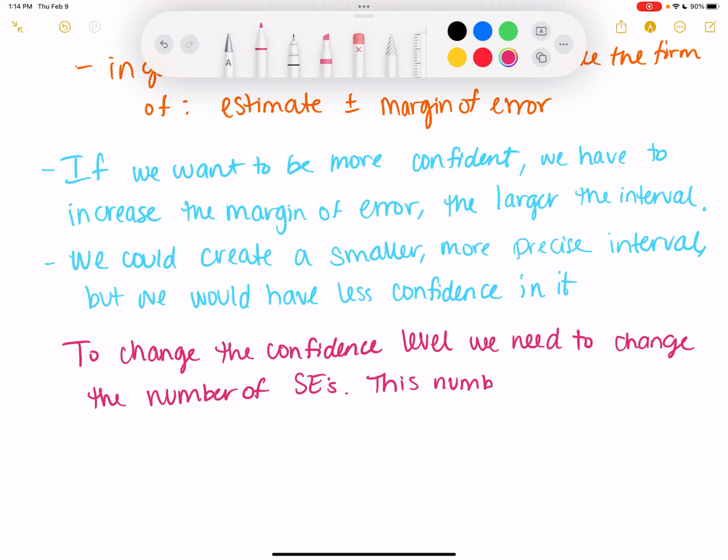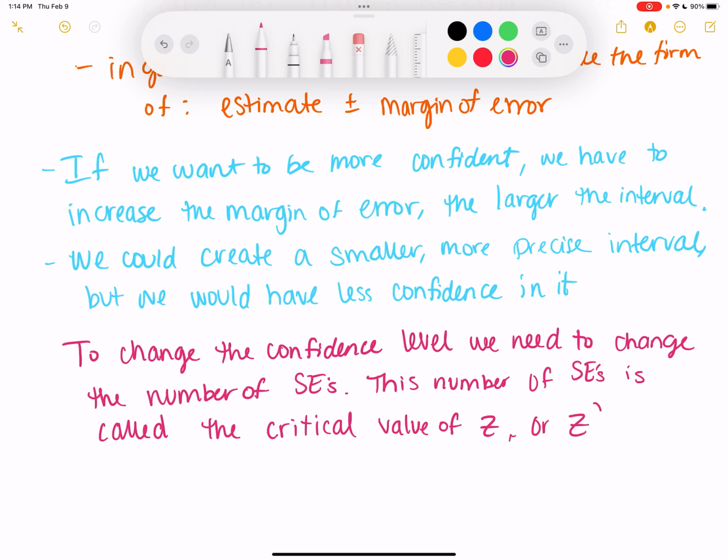This number of standard errors is called the critical value of Z, or Z star.